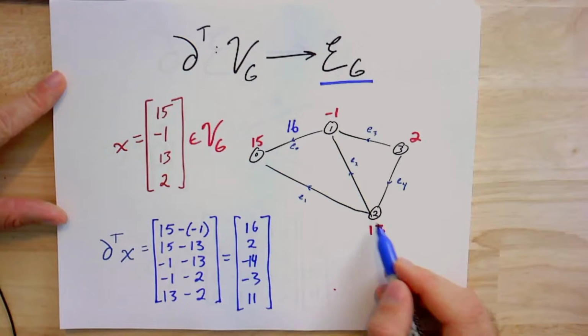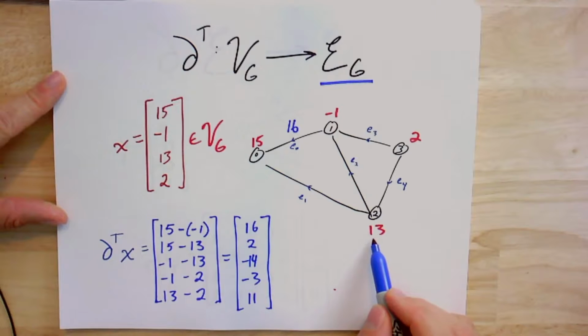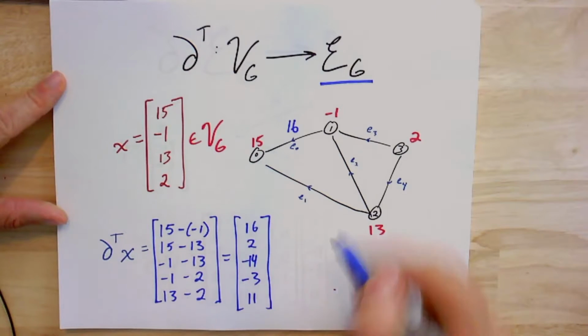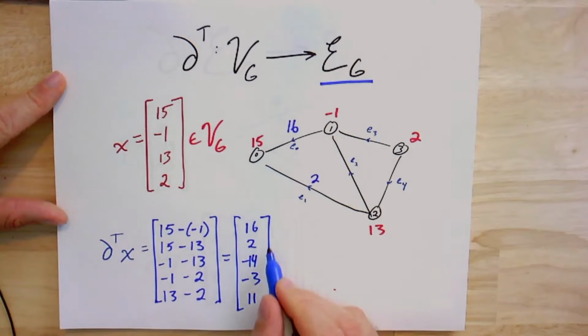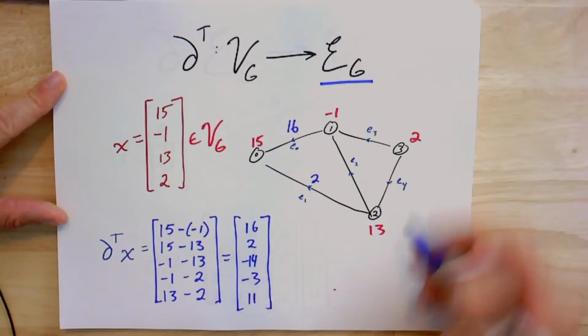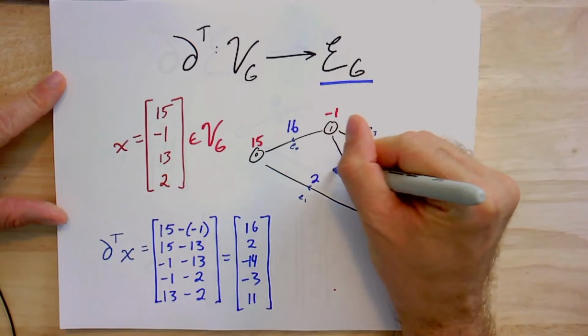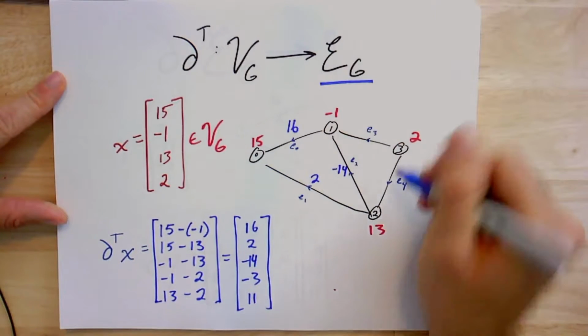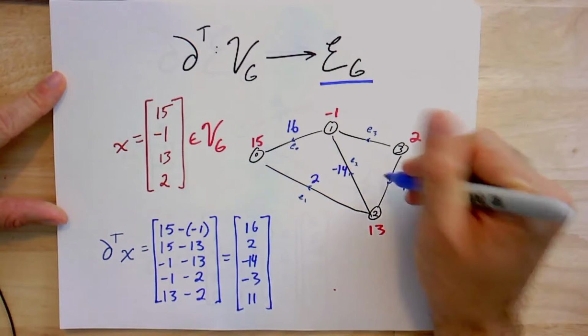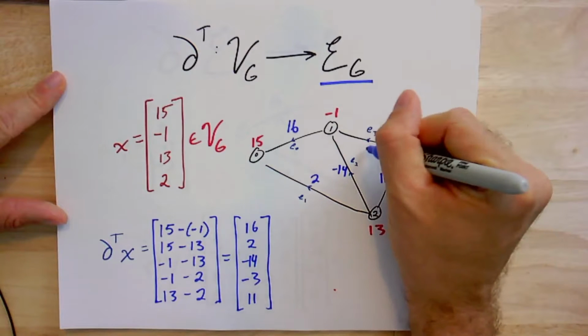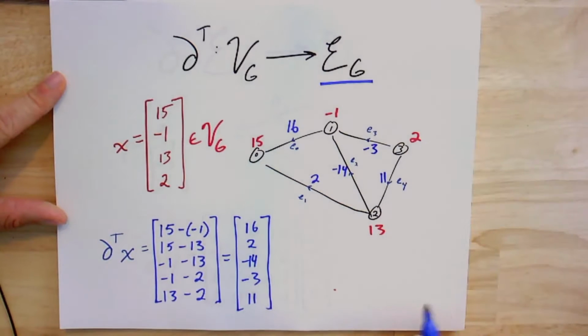So to go from, say, this vertex with value 13 to the one with value 15, we changed by 2, which is good because that's what we had here, 2. And similarly here, 13 to -1 is a -14. 2 to 13 is +11. And 2 to -1 is a -3.